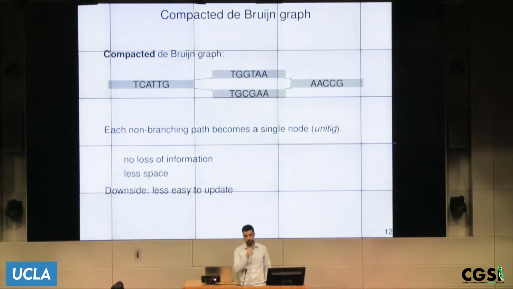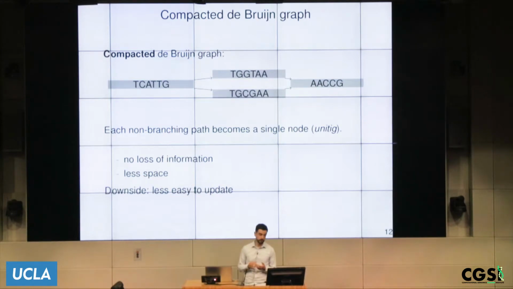I've shown you the de Bruijn graph, but actually an object that many assemblers work with are compacted graphs, where they take the de Bruijn graph and take the paths which are unambiguous in the graph, and then compact them into single nodes, and you obtain this representation. It's mathematically equivalent to the de Bruijn graph, but it's just simpler to work with. We call these nodes unitigs.